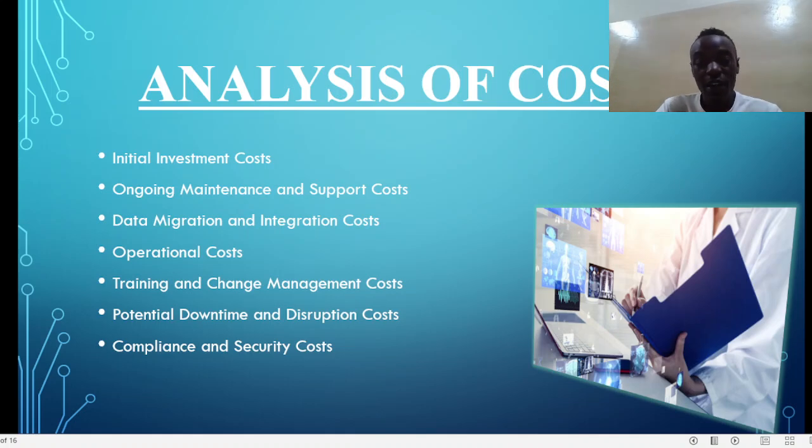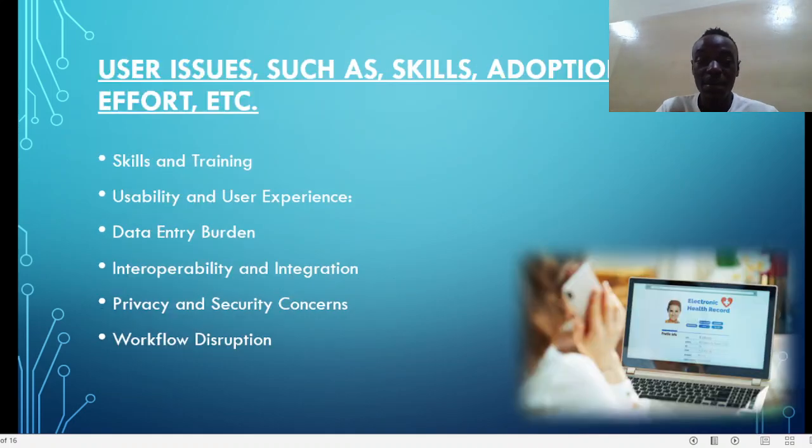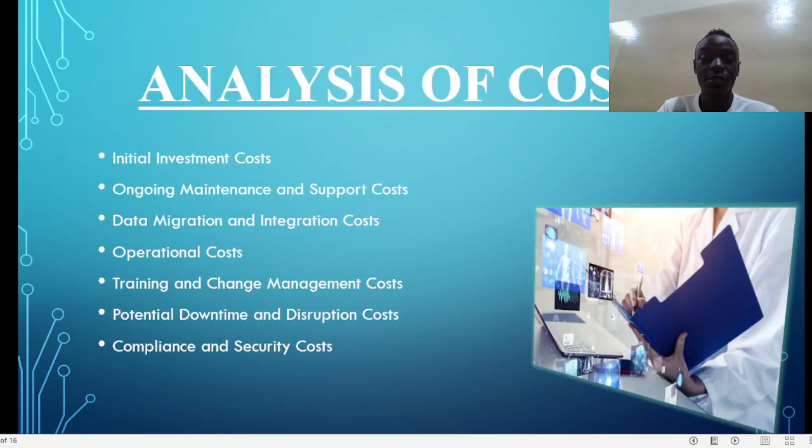Then we have ongoing maintenance and support costs. Of course, as we go on, there will be some challenges whereby you have to bring in some people on board to do the maintenance on the project. Then we have data migration and integration costs, operation costs, training, and change management costs.